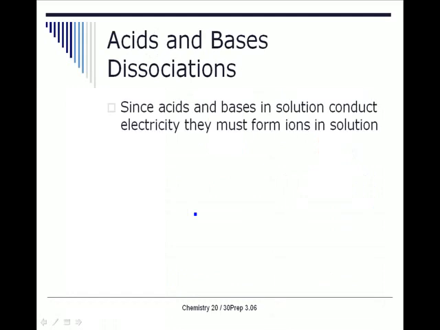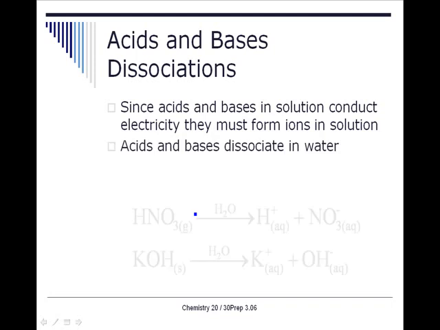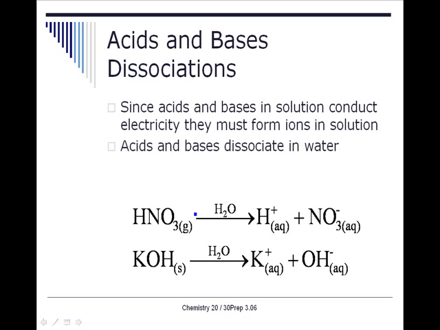So, since acids and bases conduct electricity, that means they must form ions. If you look at our definition of solutions that conduct electricity, solutions that conduct electricity must have ions in them. So both acids and bases have to dissociate in water. And here's the dissociation reactions for acids and for bases.